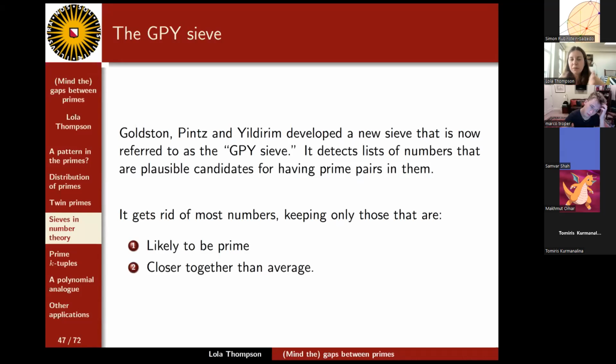And so by keeping only numbers that are close together and very likely to be prime, they end up with a set that they can work with that ends up being useful in proving the fact that you can get infinitely many pairs of primes that have some bounded distance between them. And so that's basically the model that Yitang Zhang modified.